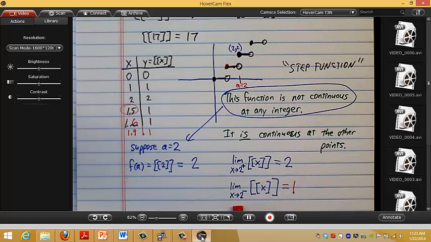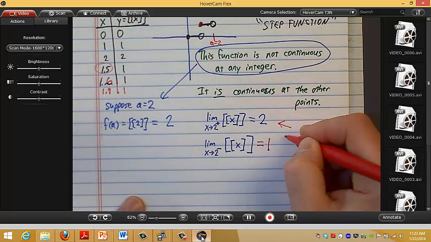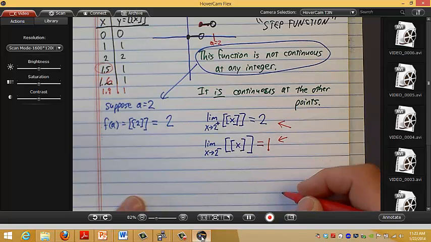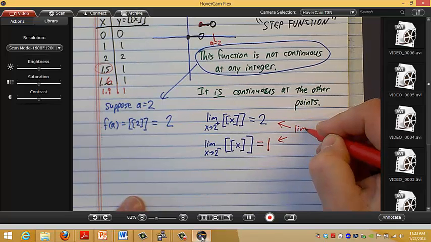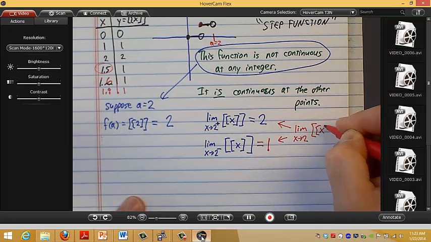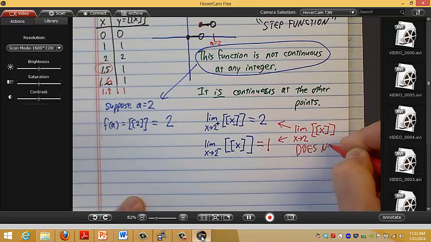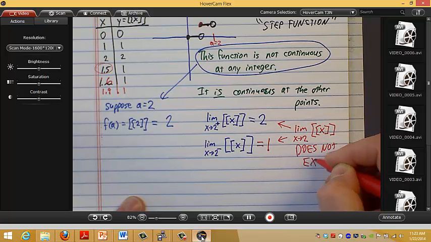If I'm close on the left-hand side, what's my output? 1. Those are different, aren't they? Well, if those are different, so I have to say that the limit as x approaches 2 of the greatest integer of x does not exist.